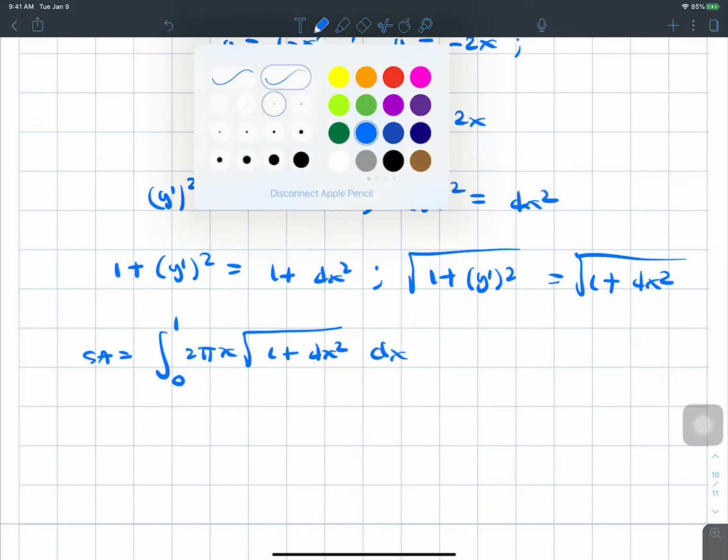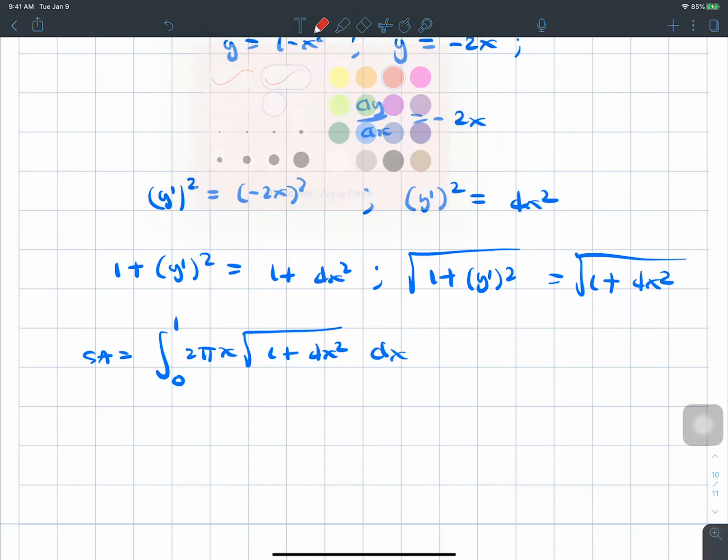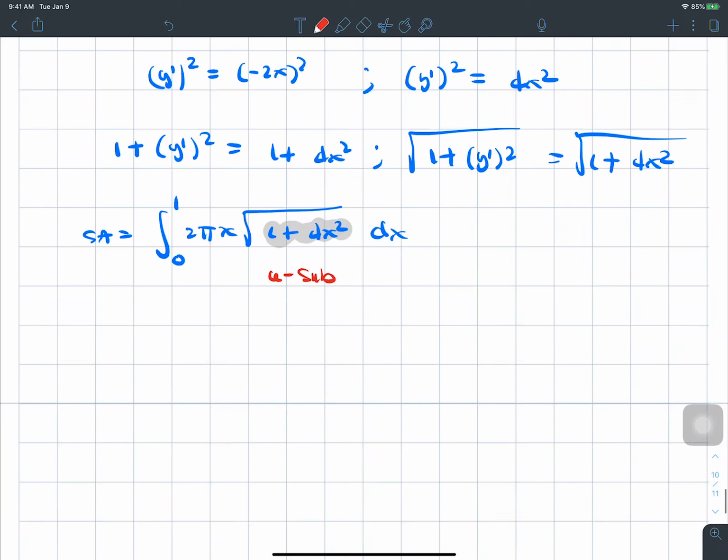And so as you guys can see, this is another nice u substitution question here, right? 1 plus 4x squared is going to be your u. So when u is 1 plus 4x squared, du dx is 8x, or dx is du over 8x.